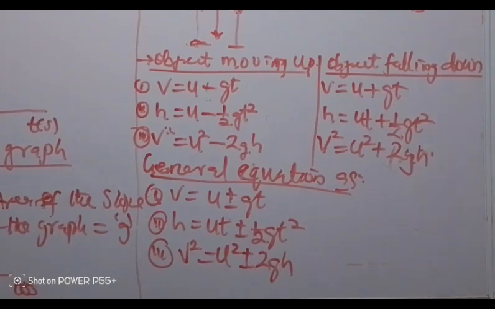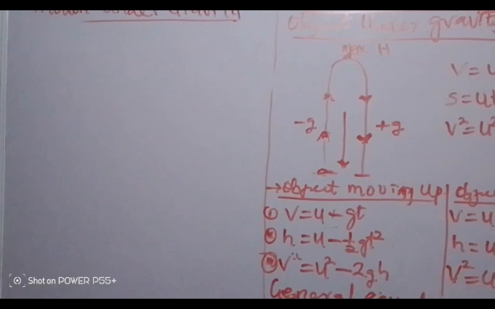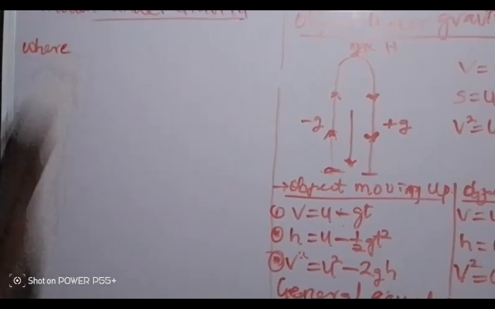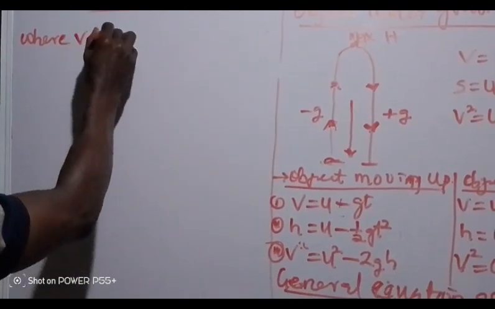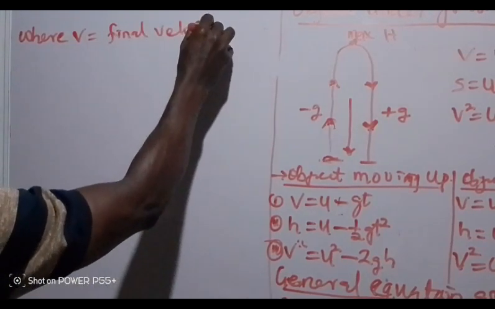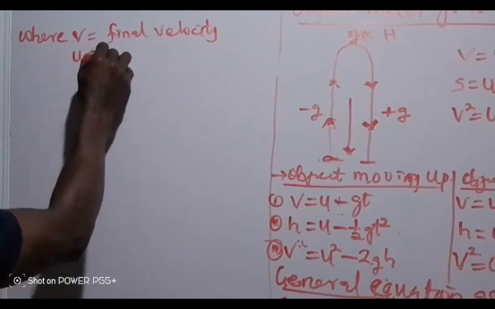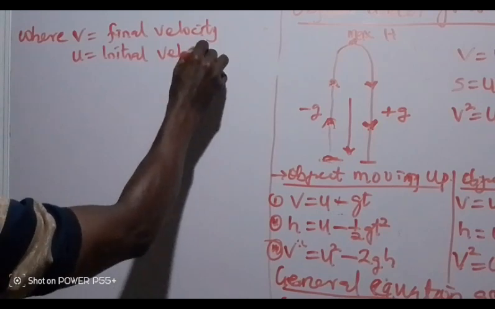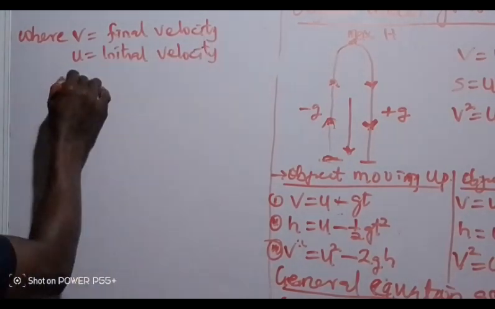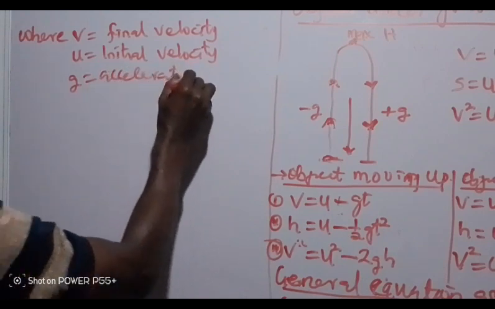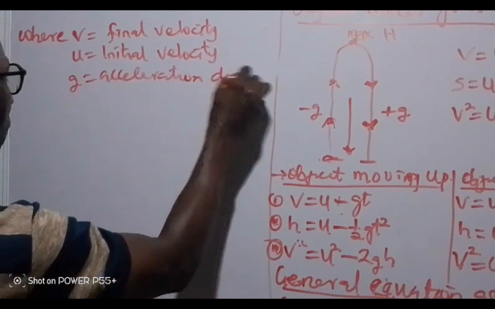Now, to identify the symbols here, v is equal to final velocity, u is equal to initial velocity, g is acceleration due to gravity.